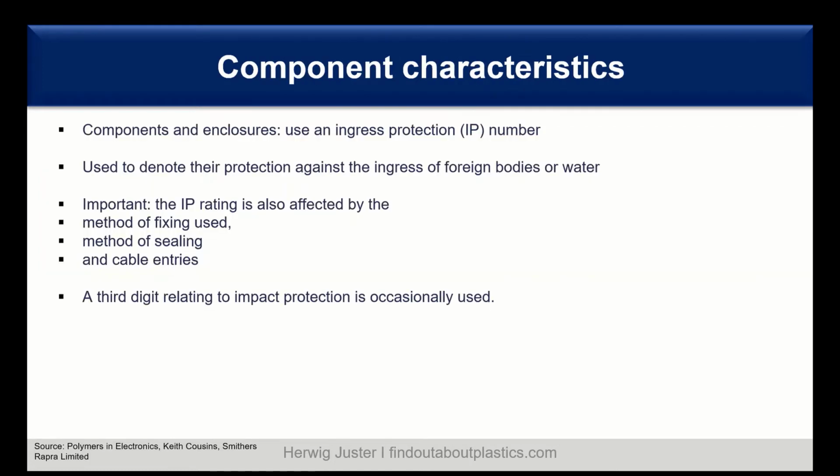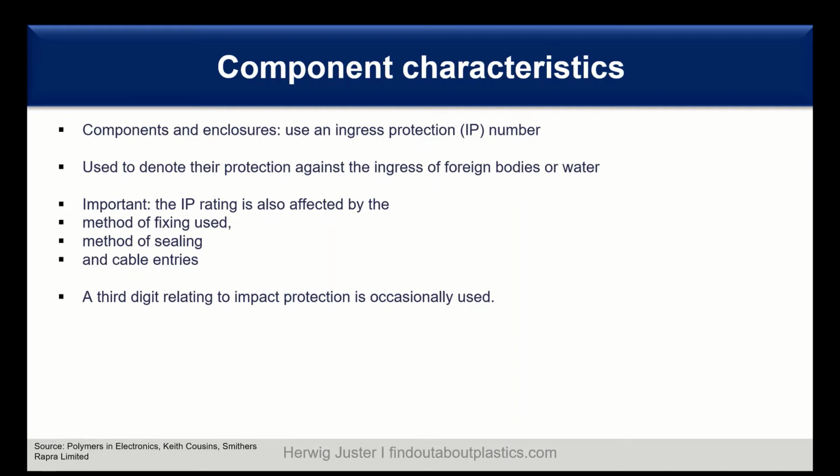Okay, now let's discuss some component characteristics. So when you look at the electrical components and in particular enclosures, there is the so-called ingress protection number, so the IP number. So it's used to express the protection against the ingress of foreign bodies or water.